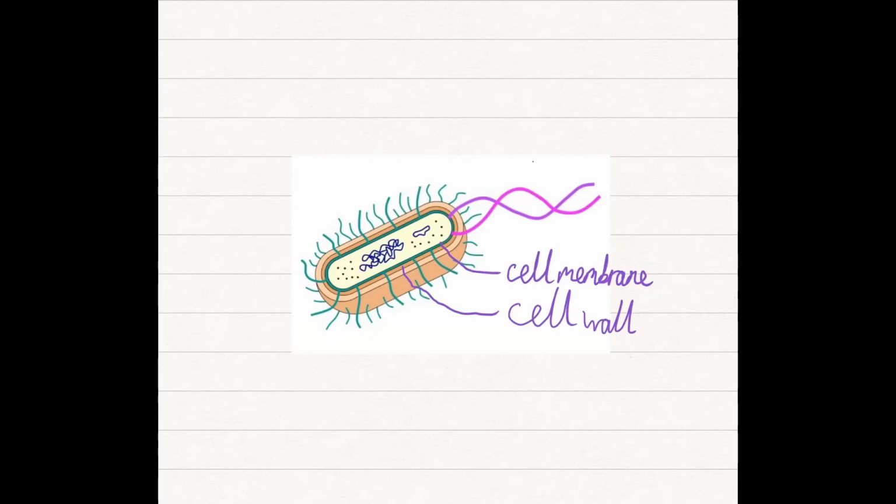And the squiggly blue line in the middle is the nucleoids or chromosomes.